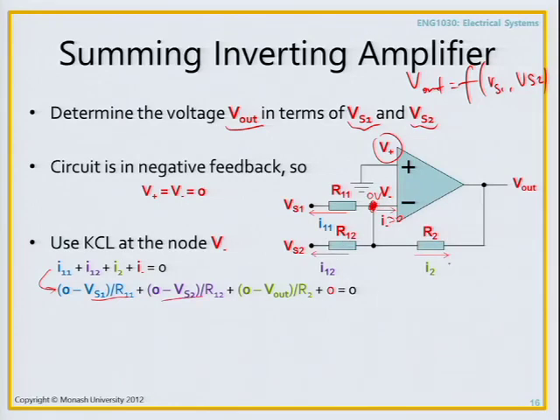And the green current here, I2 will be equal to 0 again, subtract V out. Okay, so that's the voltage on this side of this resistor, subtract the voltage on this side of the resistor, which is V out, divided by its resistance, gives us that current. Okay? All of that must sum to 0 by Kirchhoff's current law.